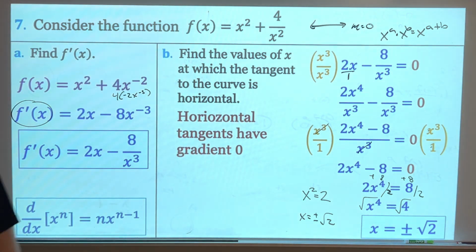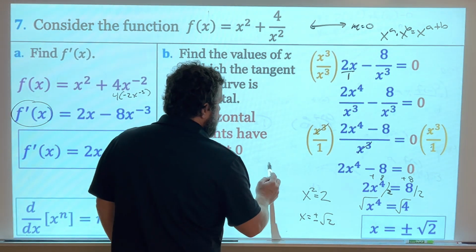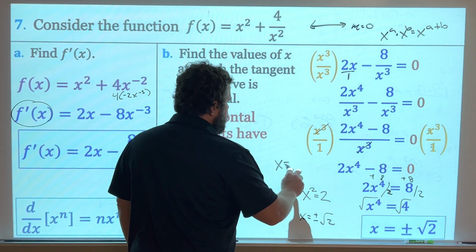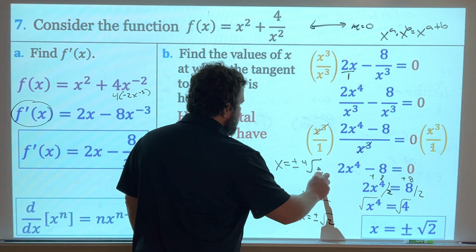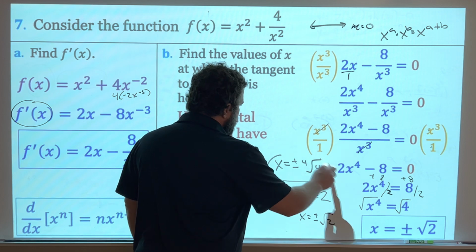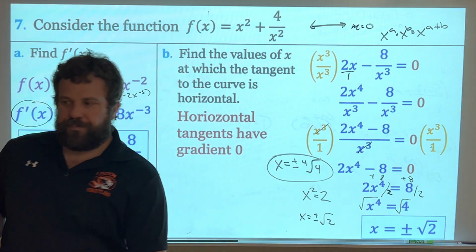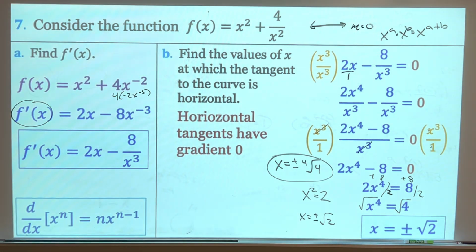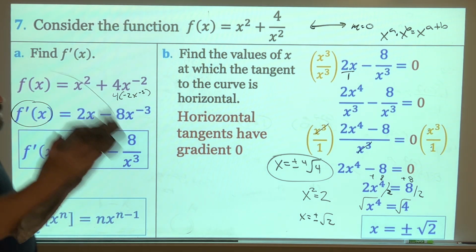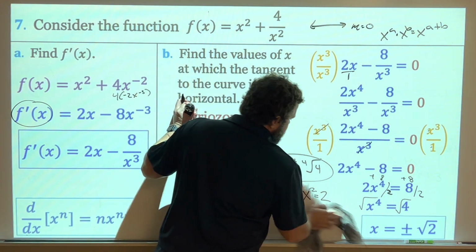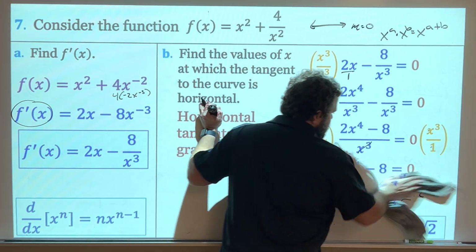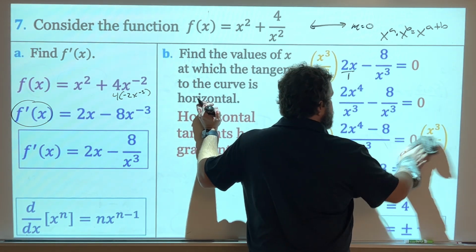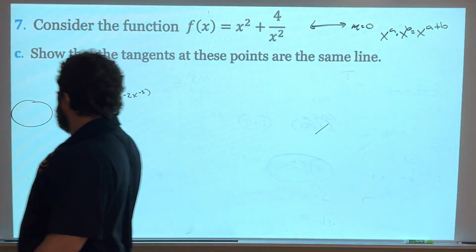If you just put x equals plus or minus the 4th root of 4, that's also okay. Finish this problem up. You're not going to like this though. You need to have this as plus or minus square root of 2 to do the next part, because now there's going to be a bunch of radicals.